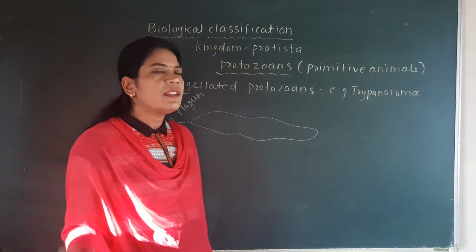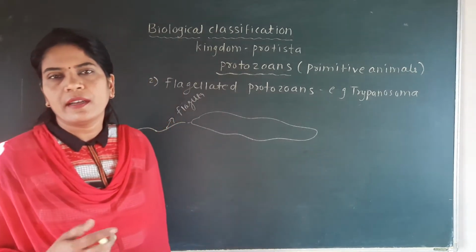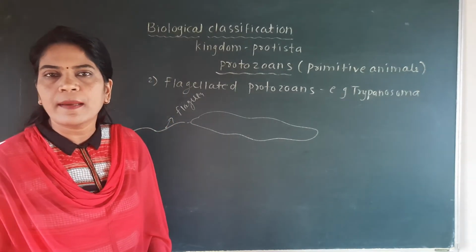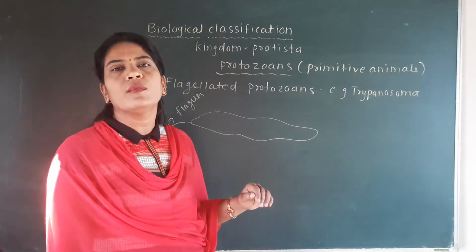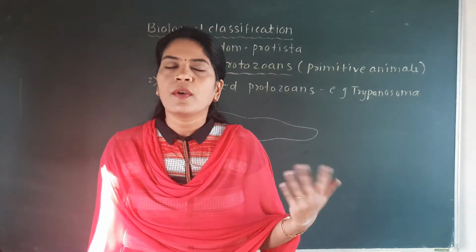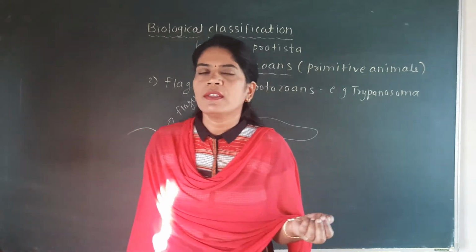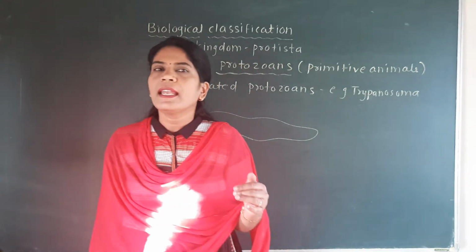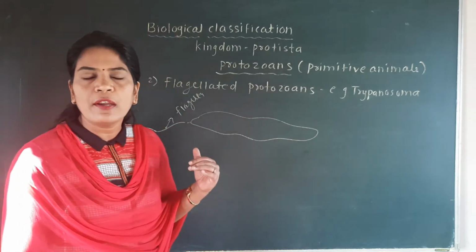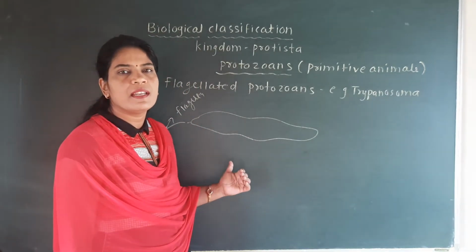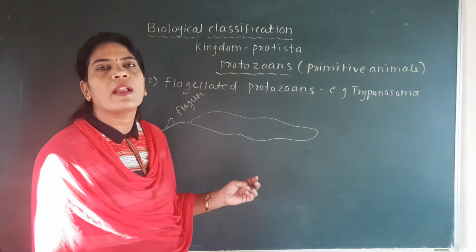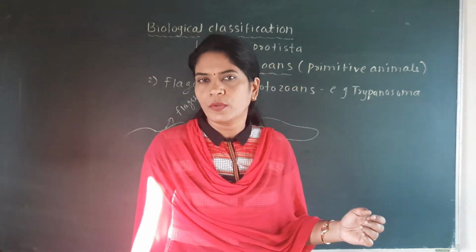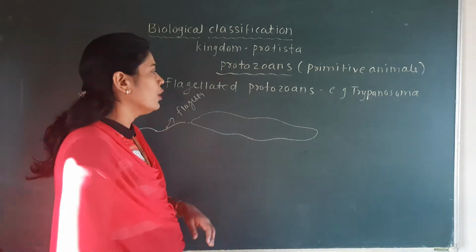Then, what are the characteristics of this flagellated protozoan? The name itself indicates that the protozoans present in this group have flagella. Because in amoeboid protozoans we have seen that they have pseudopodia. Like that, the flagella is another locomotive organelle present in some groups of protozoans, and that's why they are called flagellated protozoans.